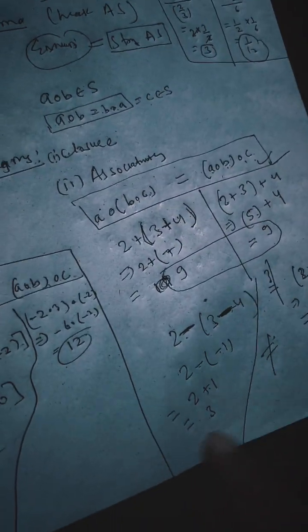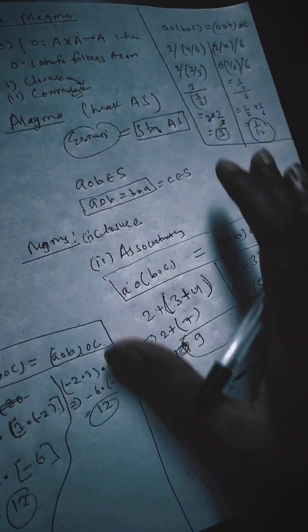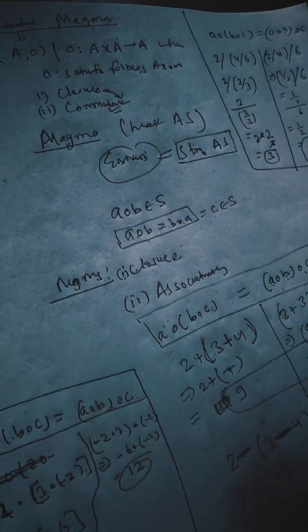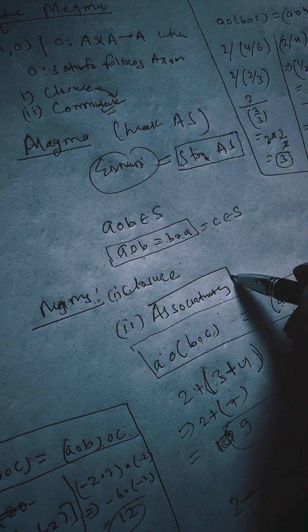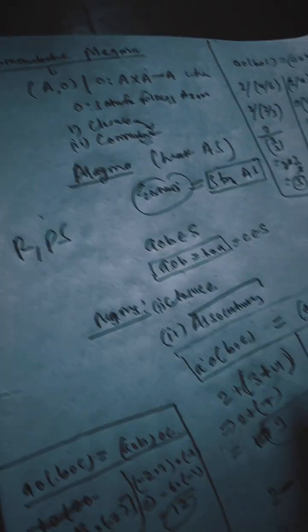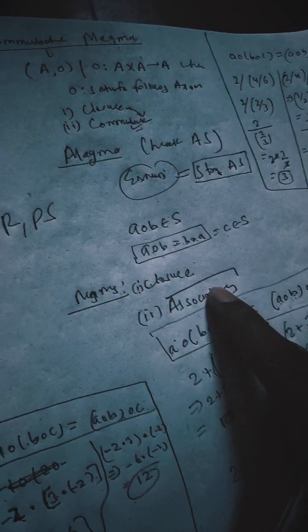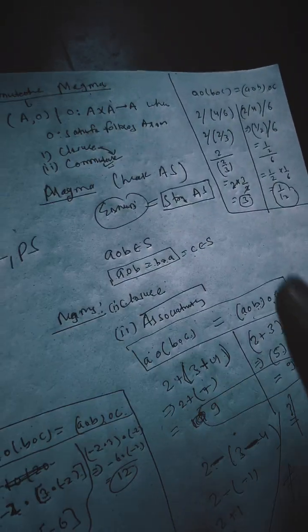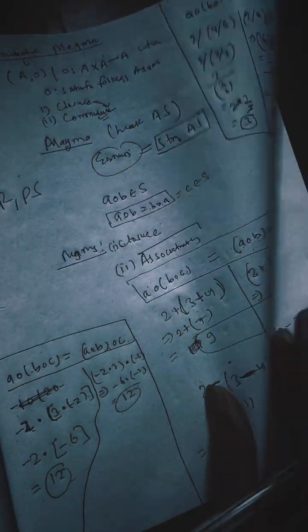So what we saw, why are we doing all this? Because I want to make you understand what associativity is, and whether our game rock paper scissors satisfies this property. But before that, we have to see what associativity is, right?